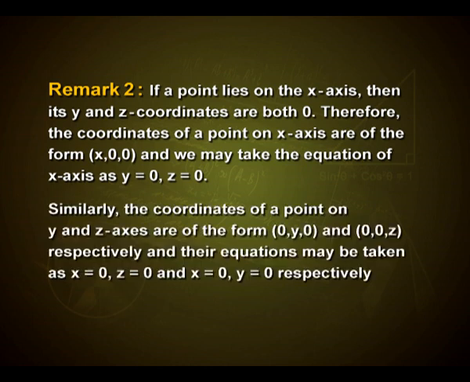Similarly, the coordinates of a point on the y and z axis are of the form 0, y, 0 and 0, 0, z respectively, and their equations may be taken as x equals 0, z equals 0 and x equals 0, y equals 0 respectively.